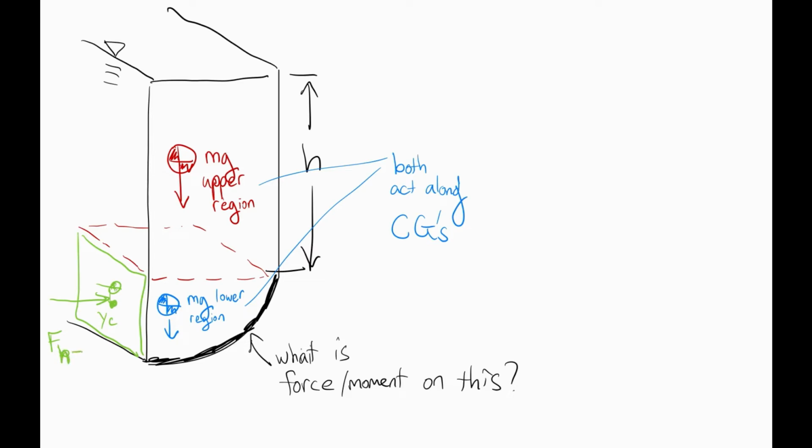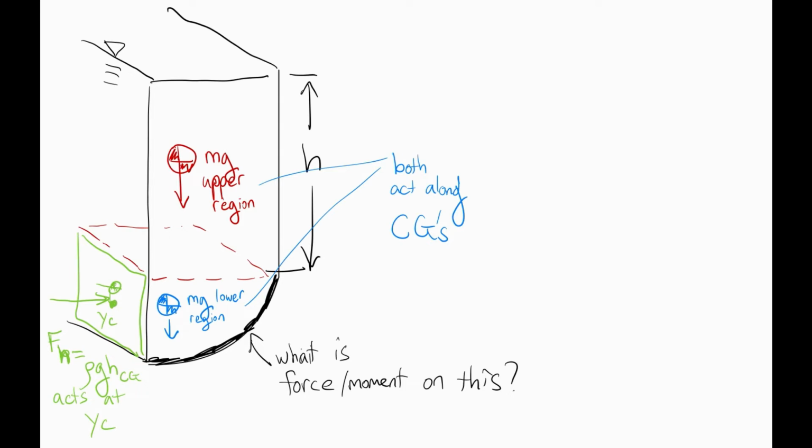If we imagine that there is a plate sitting on the left side here, we can calculate the horizontal force that would be on it as rho g h, where h is the depth at the centroid of that plate, but it of course acts at the center of pressure of that plate, which is not super hard to calculate. We learned a method to do that previously that requires you to know the moment of inertia of the plate. It might be a little more complicated if the projection of the curved surface does not form a rectangular plate.